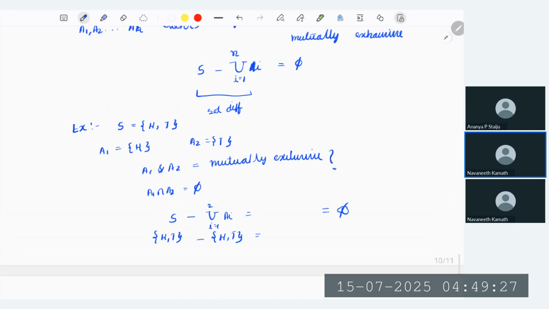It is important to understand that it is just removing from the sample space the union of all the events which are possible on the sample space. Is the mutually exhaustive topic clear? Okay, move forward.